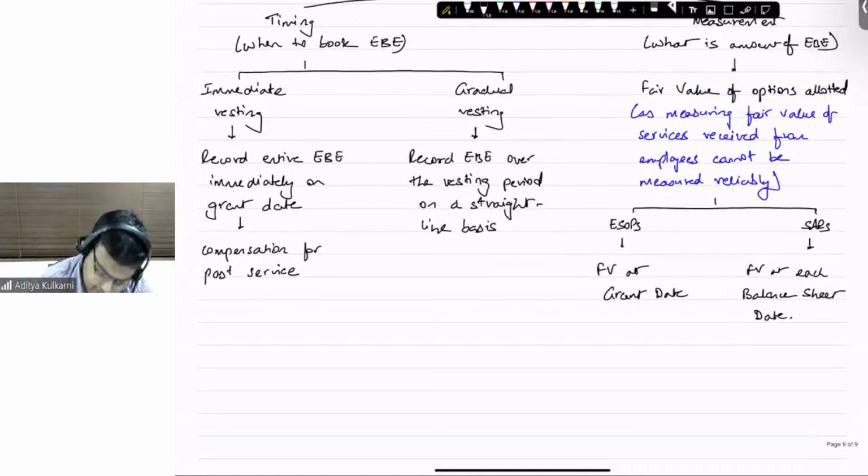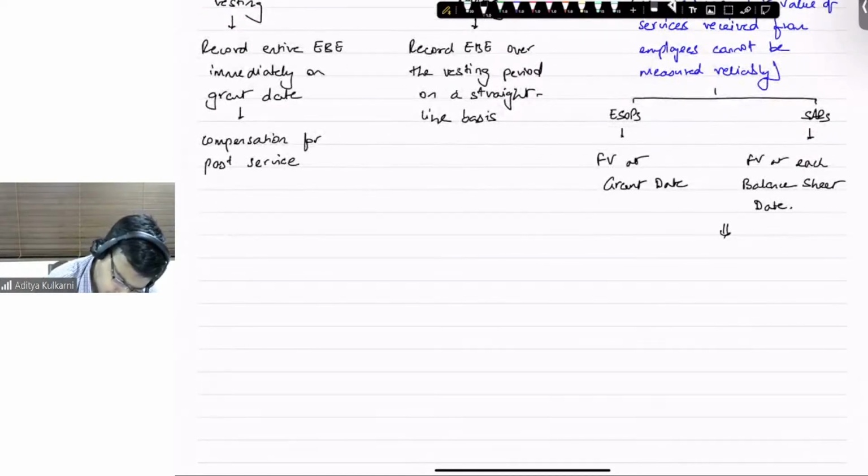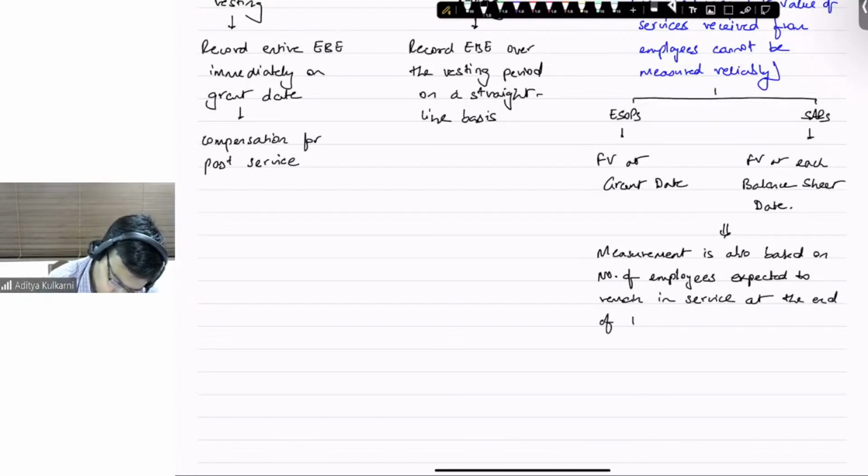One extra thing we can write here is: measurement is also based on the number of employees expected to remain in service at the end of the vesting period.